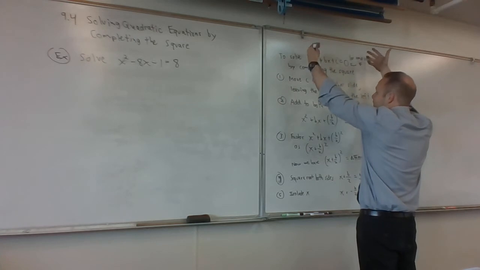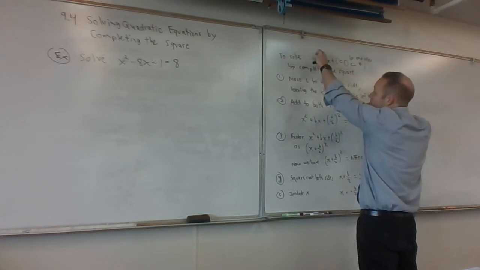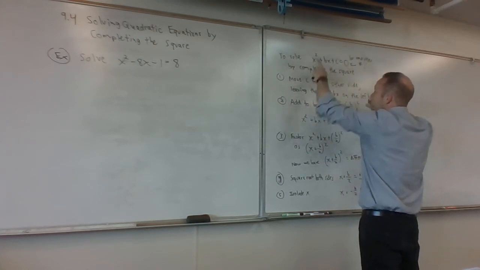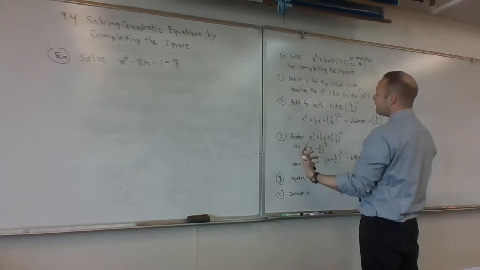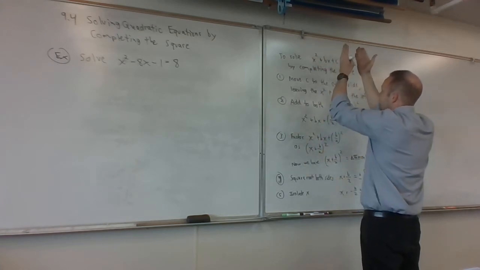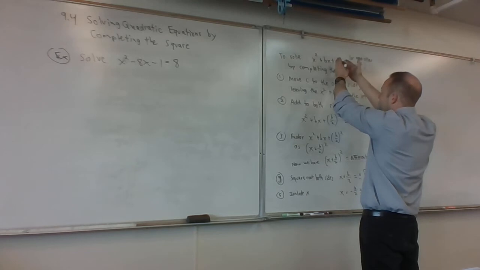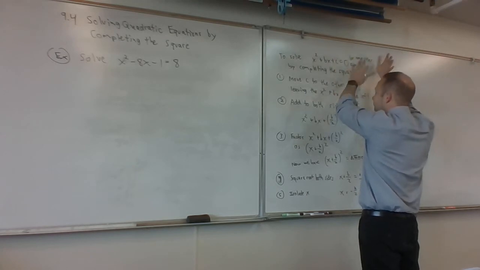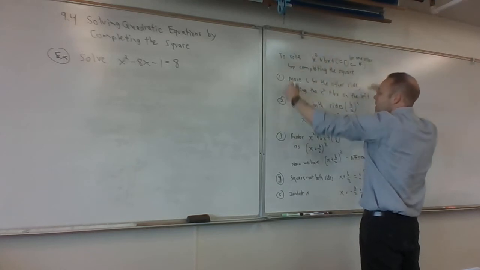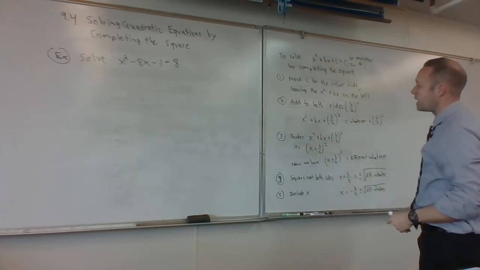So if you had a 2x squared here, you would divide everything by 2. And at that point, you have x squared plus some number x plus some number equals some other value. And you have what you need to follow these steps.